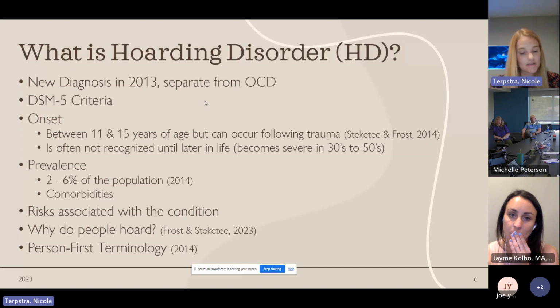There are also a number of risks associated with the condition, including increased fall risk, decreased mobility, overall health and well-being concerns, increased risk of fire hazards, reduced ability for emergency medical services to reach the client during emergencies, decreased engagement in occupations such as ADLs and social engagement, family tensions, impairments related to work, and potential for infestations and structural damage to the home.